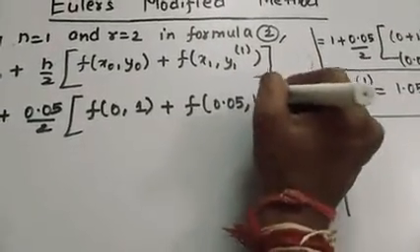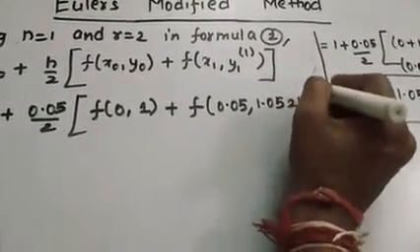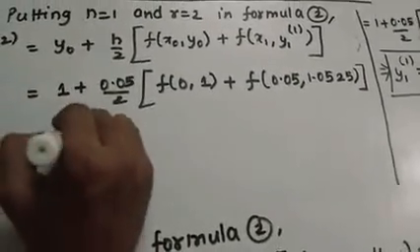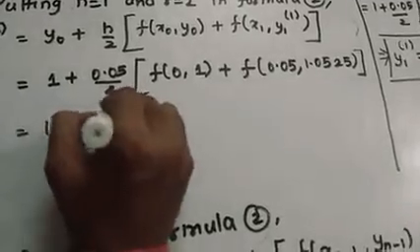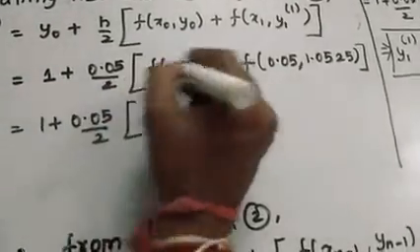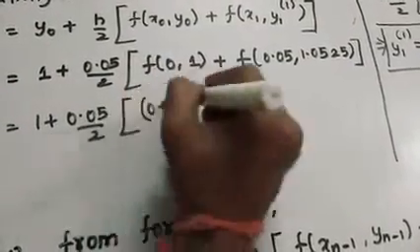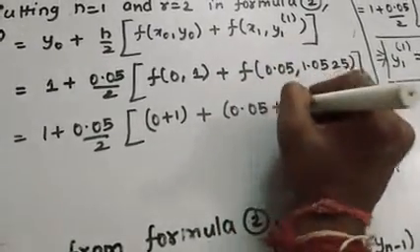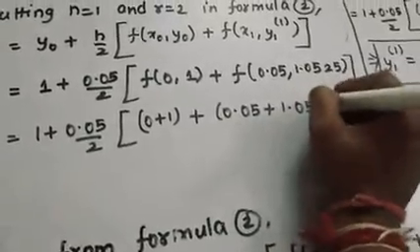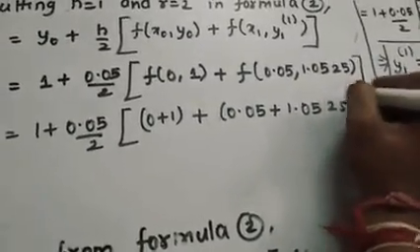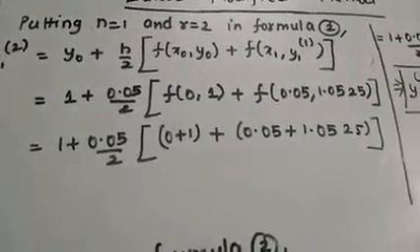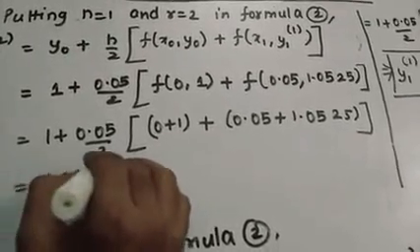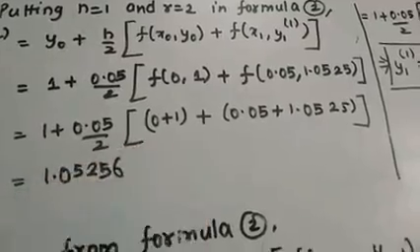So now putting the function, that is 1 plus 0.05 divided by 2, adding them 0 plus 1, adding them 0.05 plus 1.05, sorry, and after adding and simplifying you will get 1.05256.